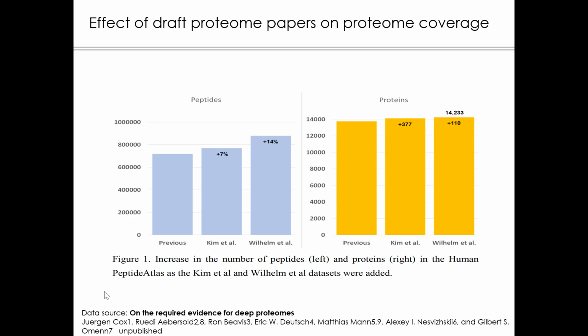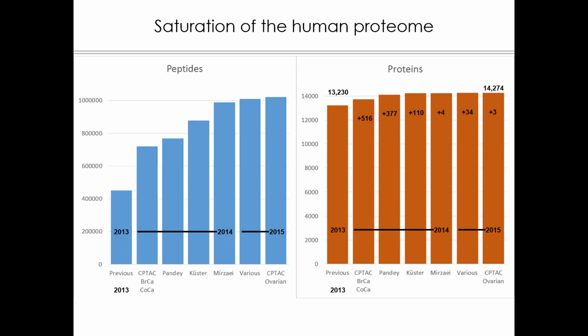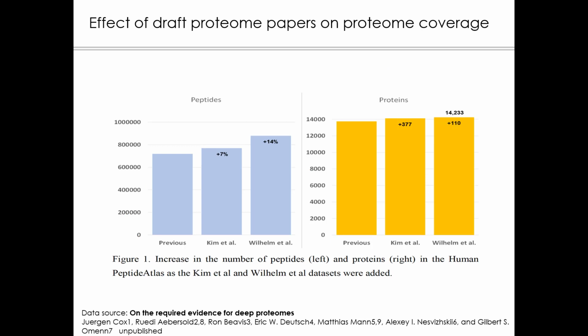Now, just a side note on editorial policies and how journals function. We attempted to publish this summary, where the data from these individual papers had claimed essentially complete coverage of the human proteome and their relationship to the public effort.